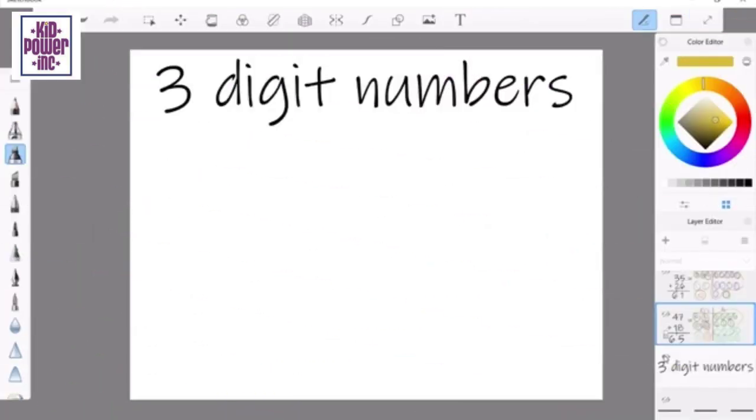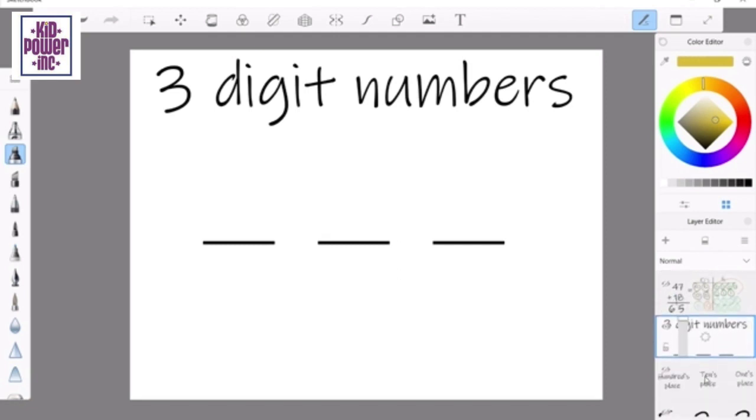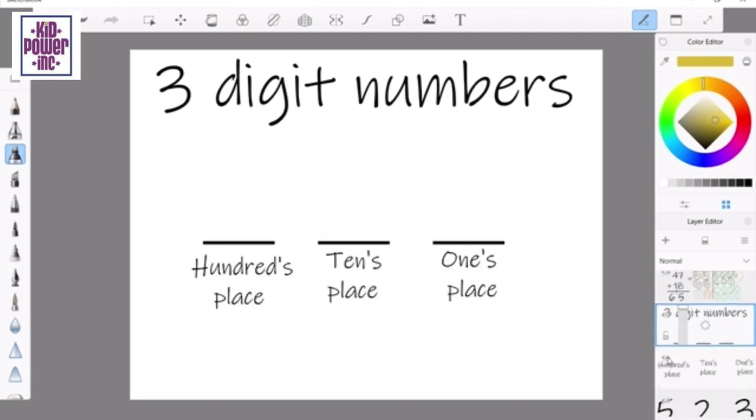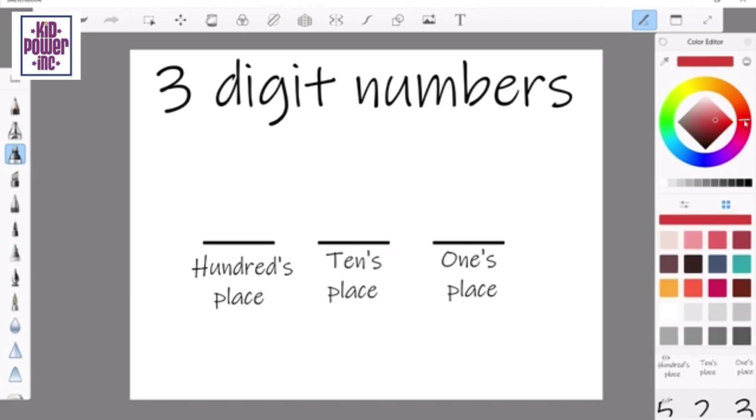Okay, three-digit numbers. We now have 3 place values. We have our ones place and tens place, but now we have a hundreds place. Each one digit in this place value represents 100 ones. Each digit here also represents 10 tens.